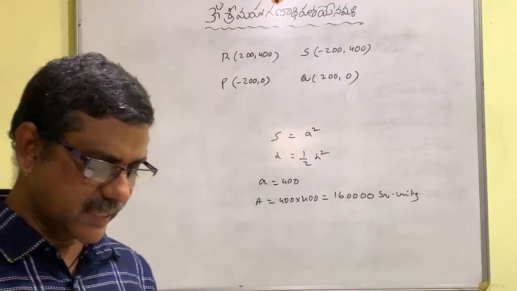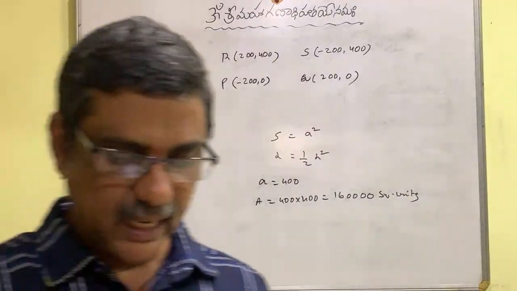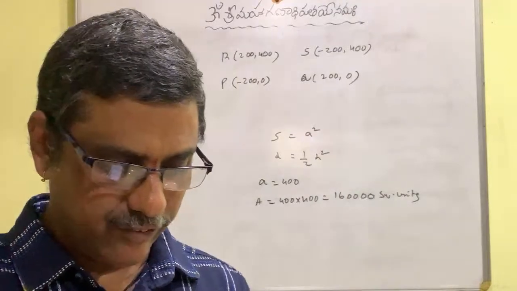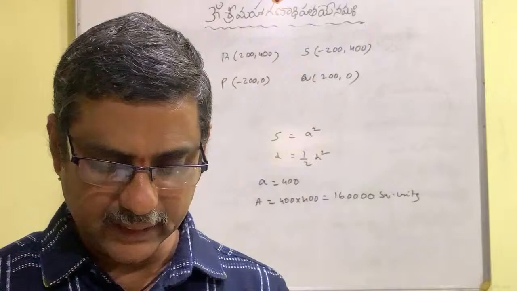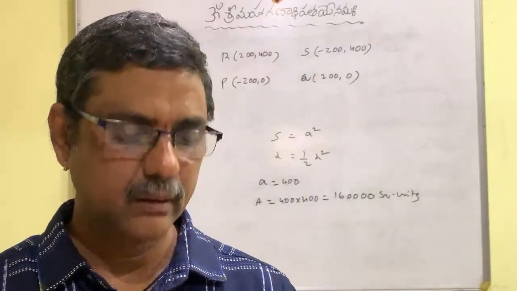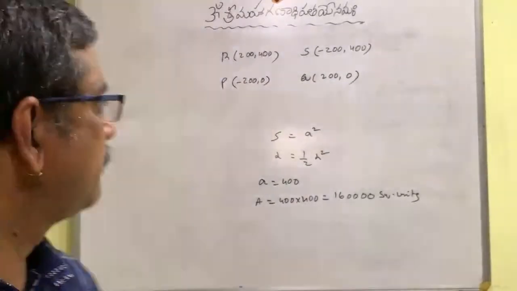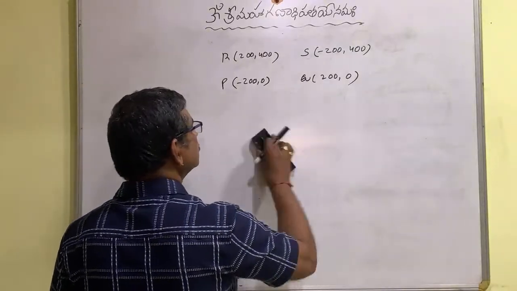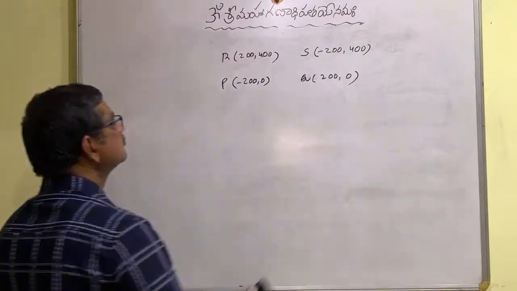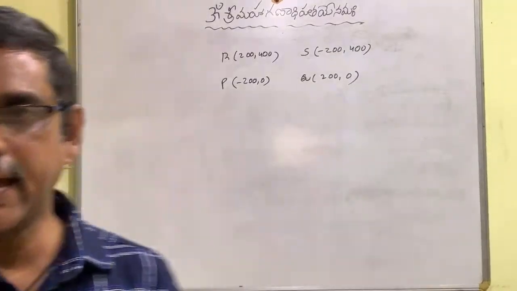Now, second question, what is it asking? What is the length of the diagonal PR in square PQRS? Length of the diagonal PR.